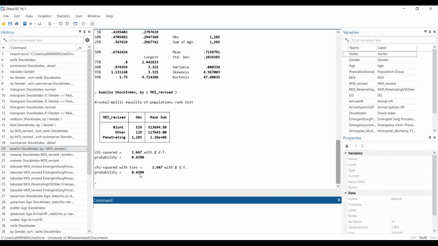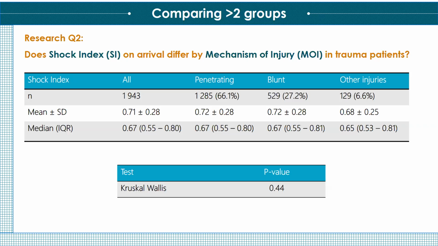So clearly, it is not significantly different. Does shock index on arrival differ by mechanism of injury? No. P-value 0.44.